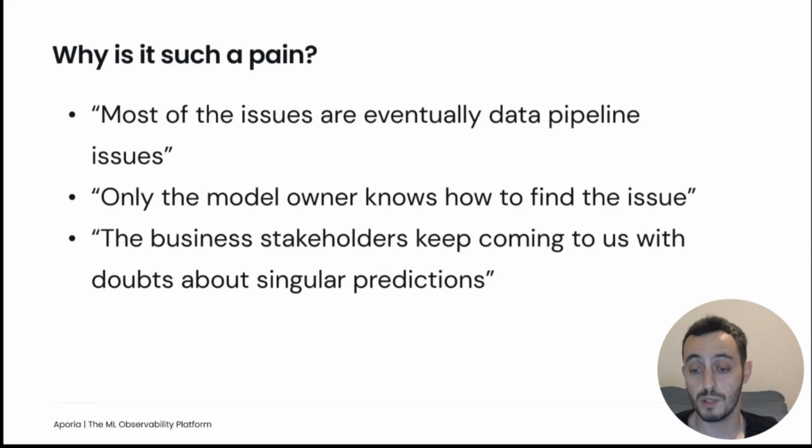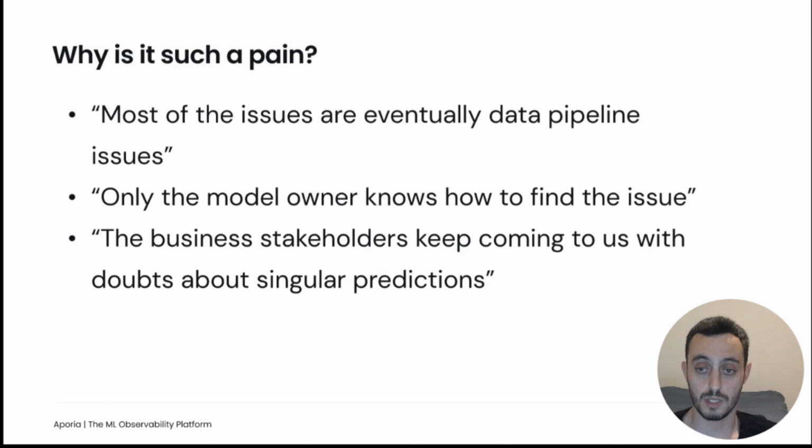The second quote is: the person who's troubleshooting the models is the model owner. In most of the companies, most of the prospects that we've talked to, that's the data scientist who spent a lot of time creating the model. A lot of the time we hear the saying, he's the only one who can understand what's going on there.